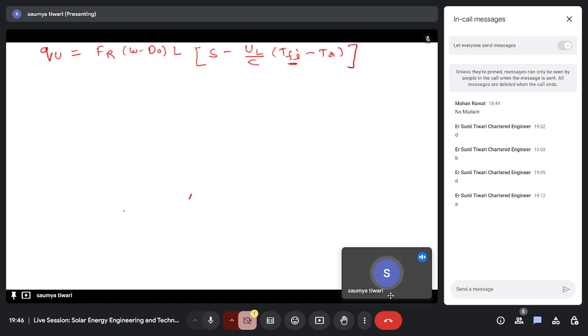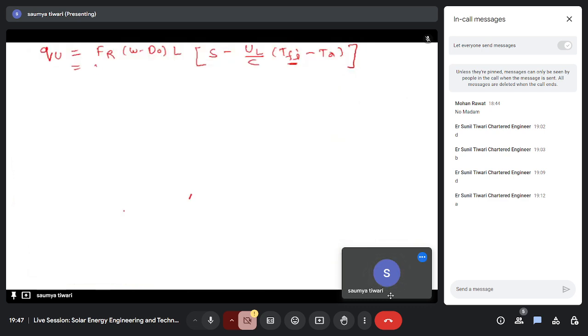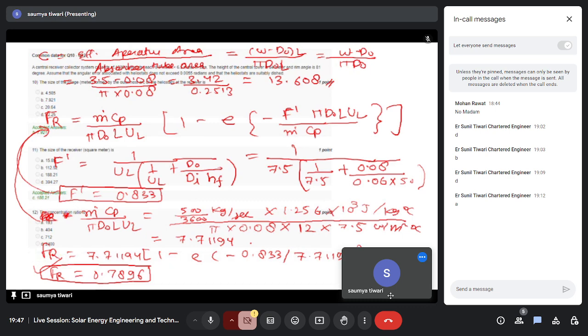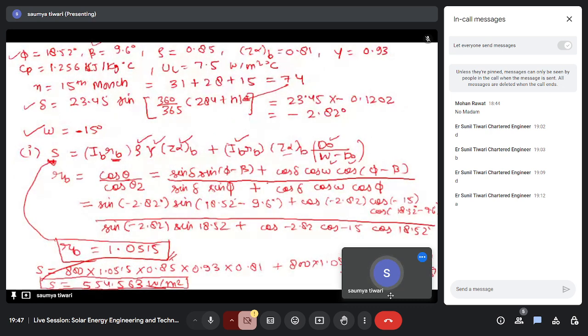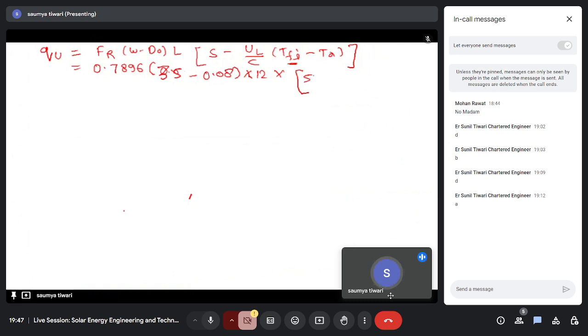The FR value is 0.7896, into W, the width, which is 3.5, minus D naught, which is 0.08, L is 12, into S, which was 554.563, minus 7.5 upon concentration ratio, which was 13.608.